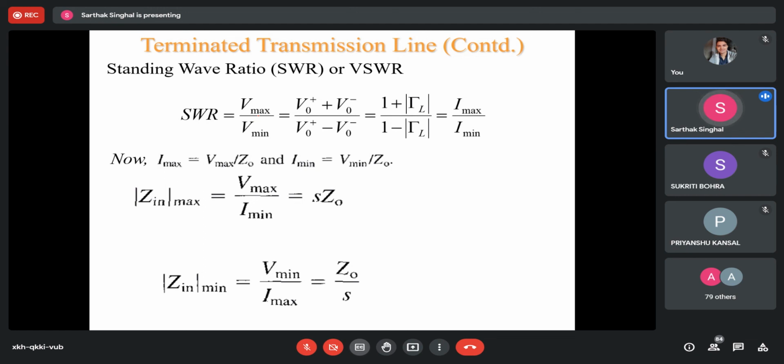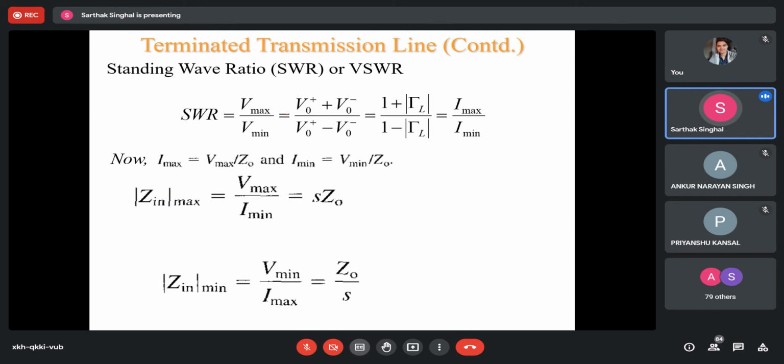The maxima will be the case when both the transmitted and the reflected signals are getting added up, right? And what about the minimum voltage or the minimum current? Destructive, when they are totally out of phase, so their difference will be the minimum value, right?